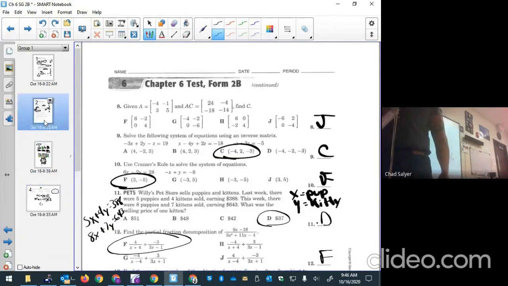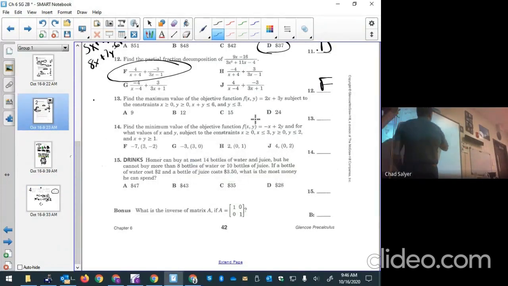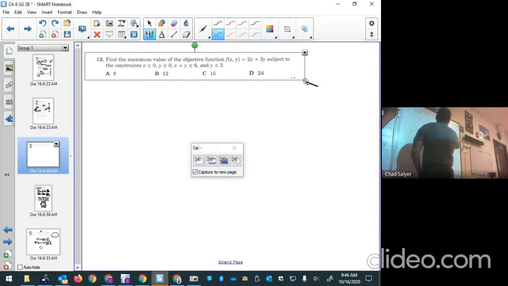So all that work will be attached when I post it. All right, so 13 says, find the minimum value of the objective function subject to the following constraints. So that's another one where we'll need a separate page to work on. And there's just a few left.